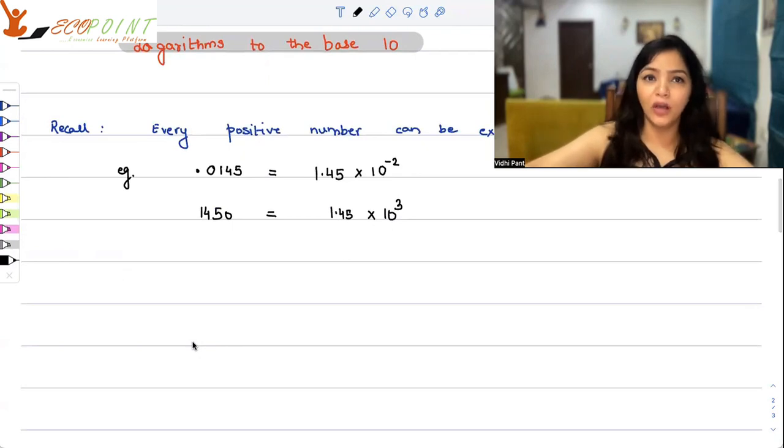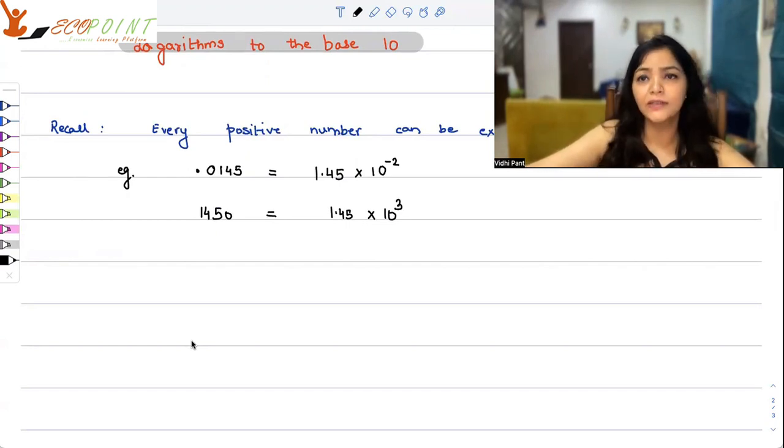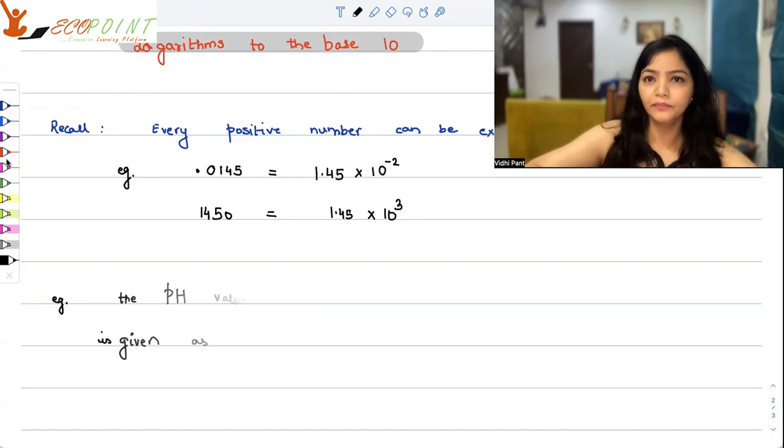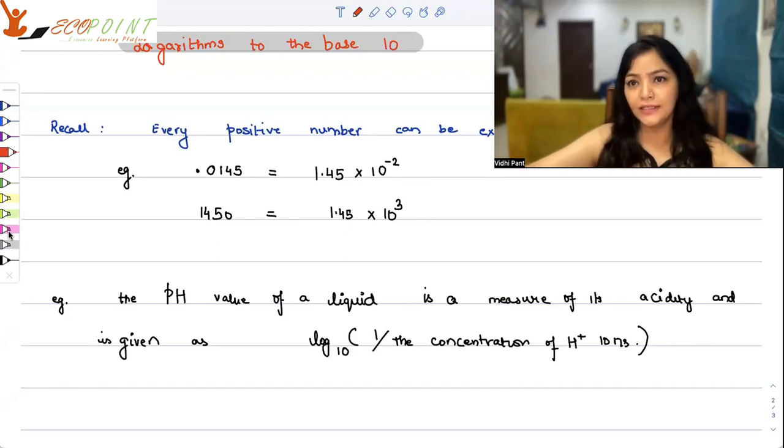And therefore, the concept of logarithm attached to base 10 turns out to be very important. Though now we do work with calculators, and most often, practically, we use natural logarithm, which I'll be talking about later. But in certain scenarios, for example, the pH value of a liquid is a measure of its acidity, and it is given in terms of base 10 log.